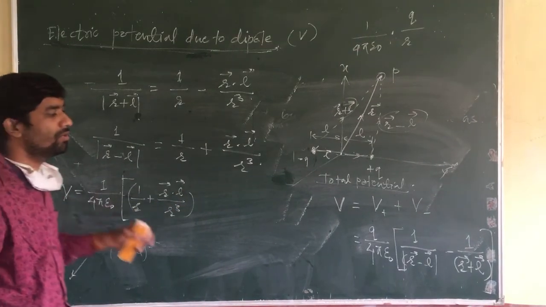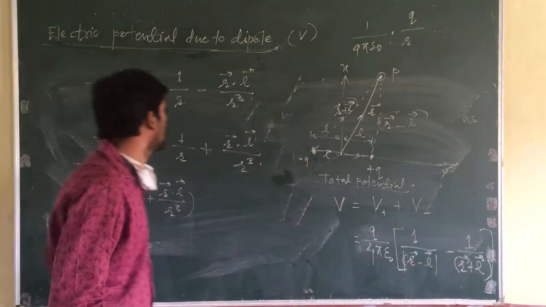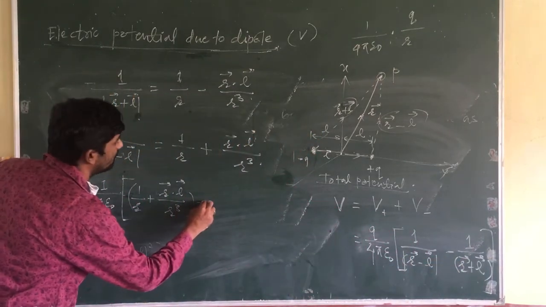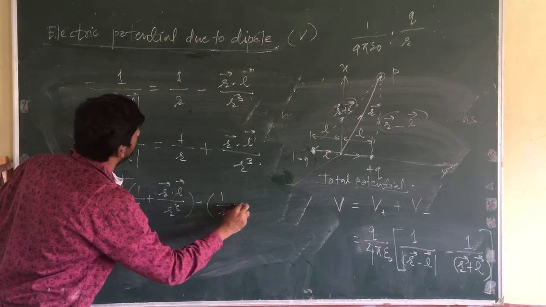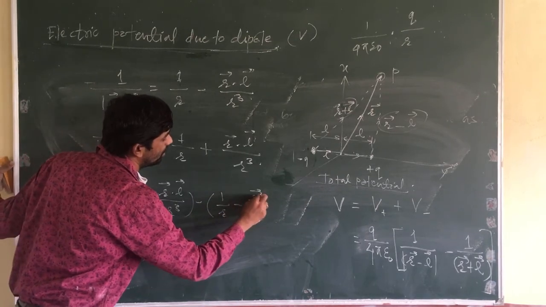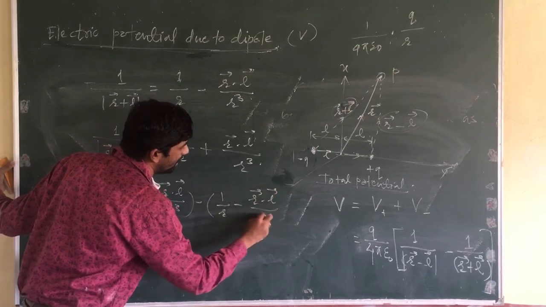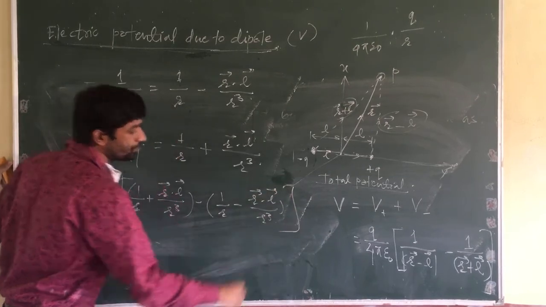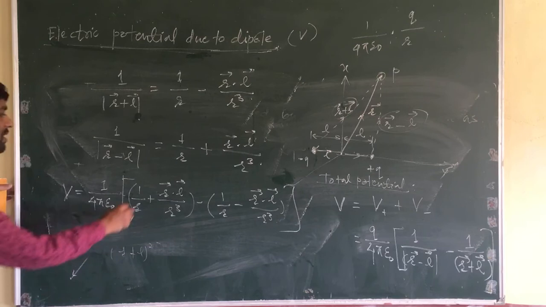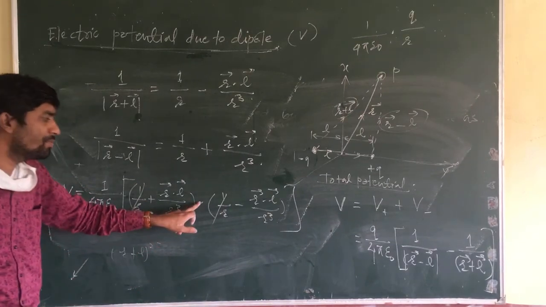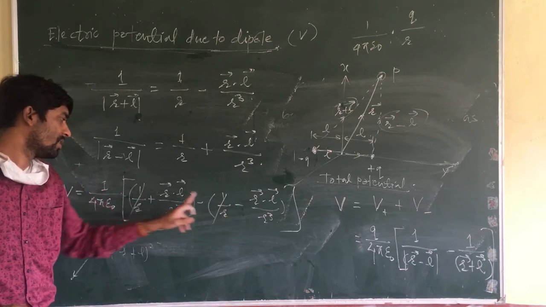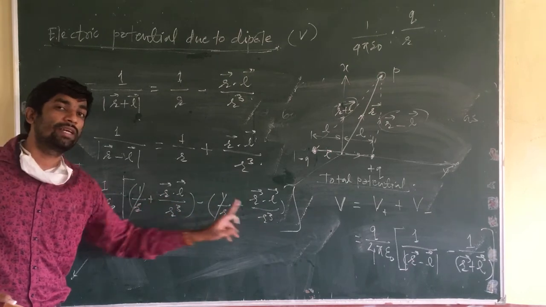And what is the value of 1 upon R plus L? This will be minus, 1 upon R minus R vector dot L vector divided by R cube, okay. So in this expression, this 1 upon R and this minus 1 upon R get cancelled. This minus will get plus. So these two quantities will get converted into plus.